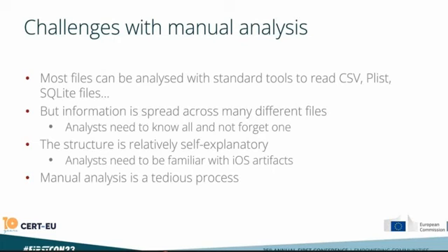The information is really spread across many files, and manual analysis is quite tedious. You need to have some knowledge of these internals, which again is quite a challenge for an analyst.